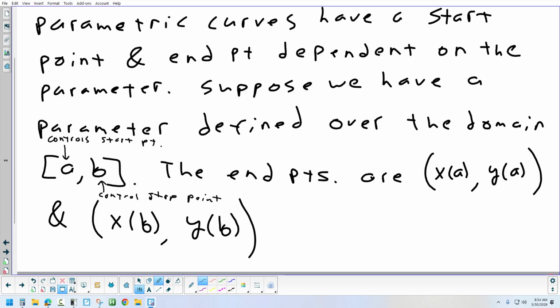Now, just knowing where a graph starts and stops, does that tell us what it's going to look like? No. Is it a line segment? That'd be the simplest thing between the 2 points. Or is it something that goes like that? We don't know. Just because we know the start point and the stop point, we don't even know if the start point and the stop point is the highest and lowest that it ever goes.